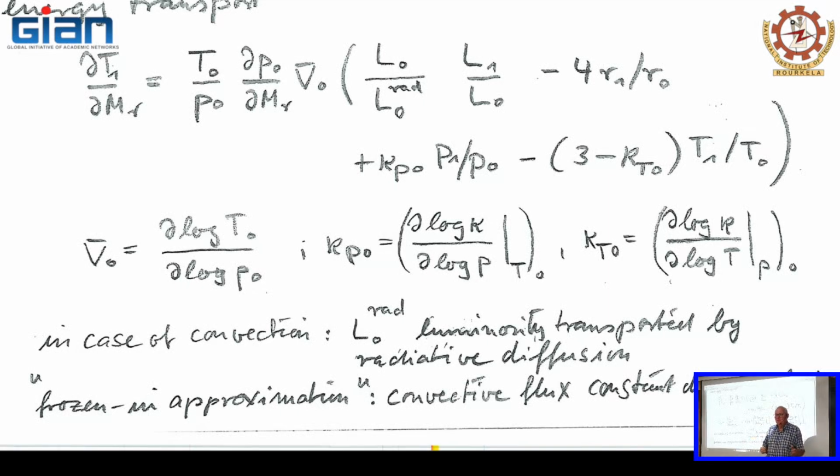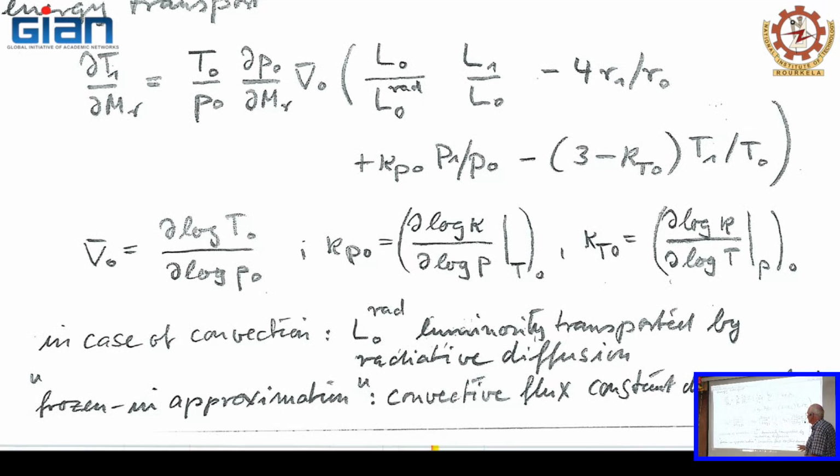In the stationary model, you determine the total luminosity, the radiative luminosity, and the convective luminosity. Convective plus radiative gives the total luminosity. So you have to multiply with the ratio of the total luminosity and the radiative luminosity.